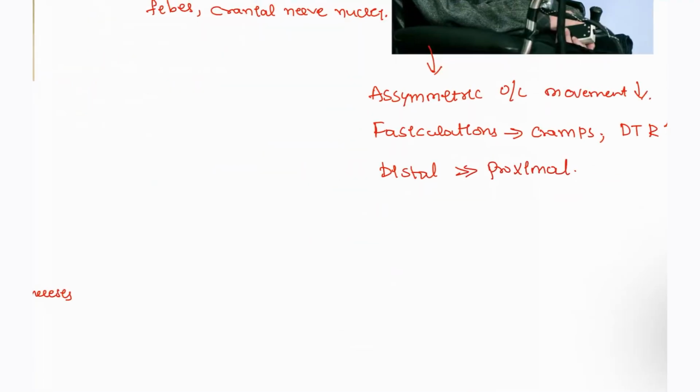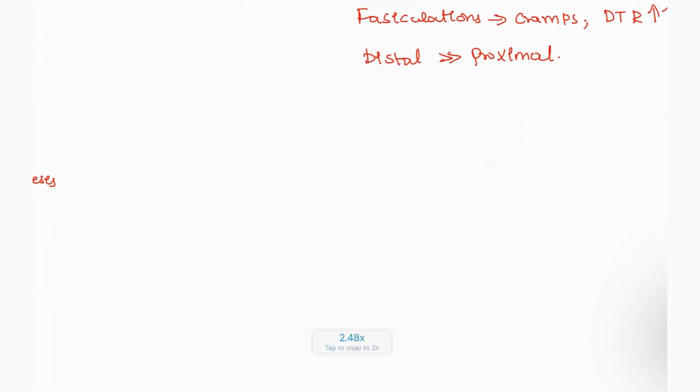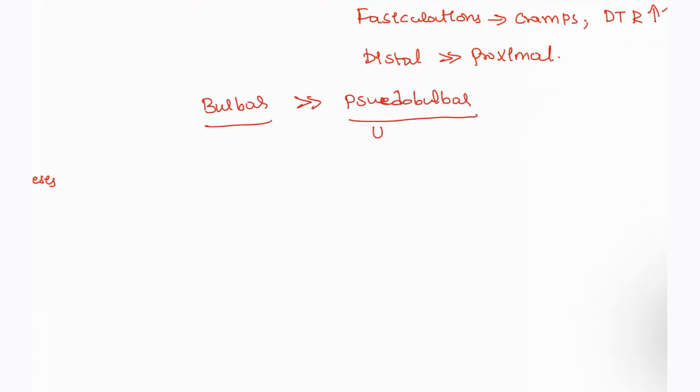Next, there is a difference you also have to know about bulbar palsy. First, this is going to involve the bulbar most commonly rather than pseudobulbar. So what is bulbar and pseudobulbar palsy? Pseudobulbar is due to upper motor neuron, and bulbar is due to lower motor neuron.